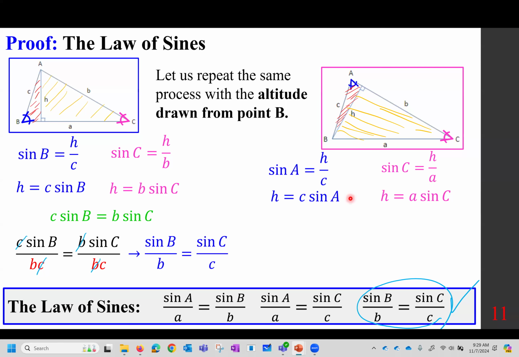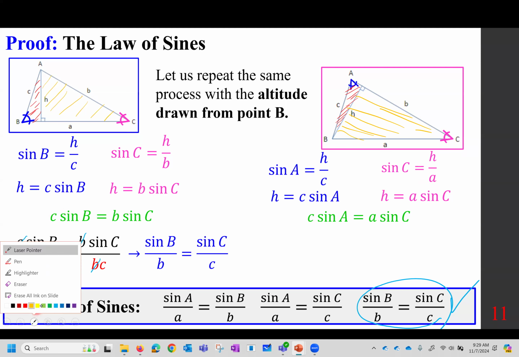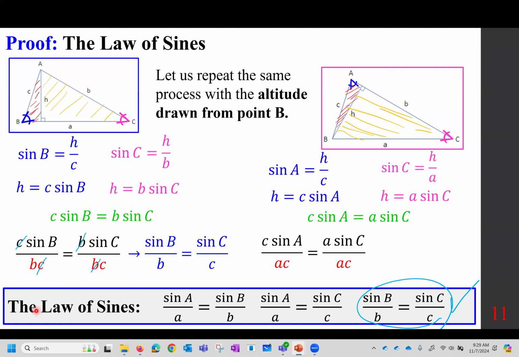Same thing we did here. We put these two equal. Over here, we divide by bc. Over here, we're going to divide by ac. And sin A over a equals sin C over c.